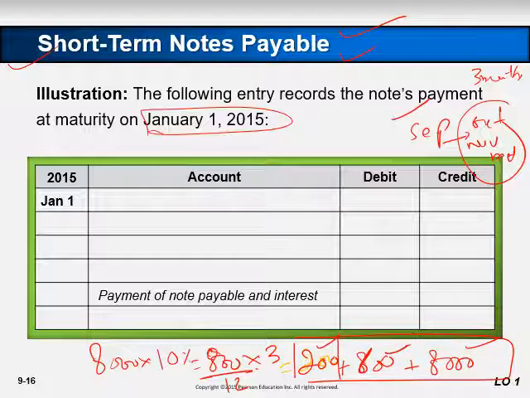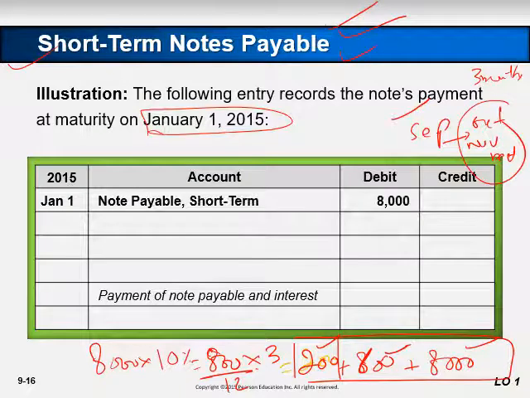So the entry would be, when you pay back, liability decreases, liability decrease means debit, so notes payable 8,000, and then the interest payable that we created in our previous slide, so it's time to pay that one, so interest payable 600, right?